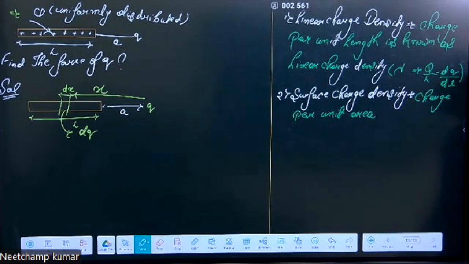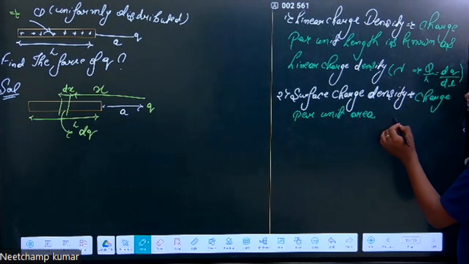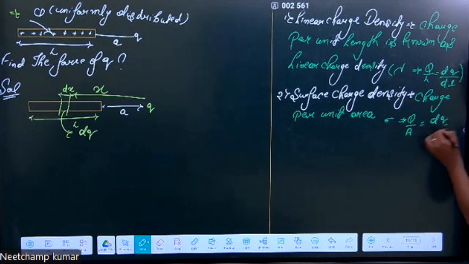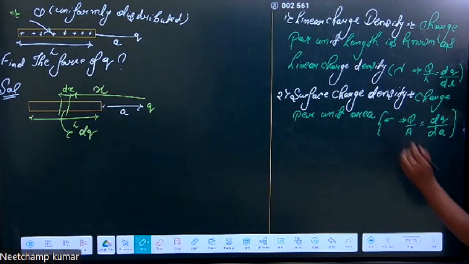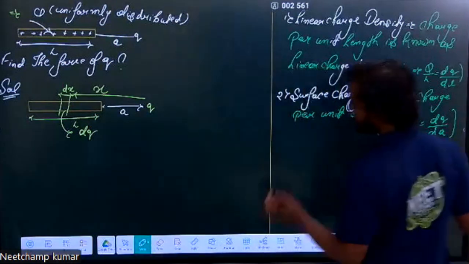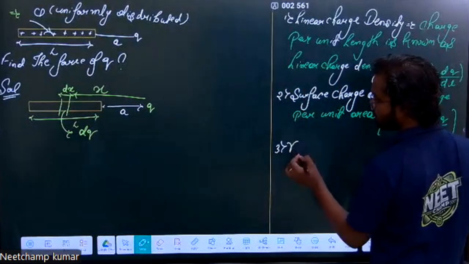That is called surface charge density, and it is defined as sigma, which is equal to q by area, or you can say dq by dA. And third is volume charge density.